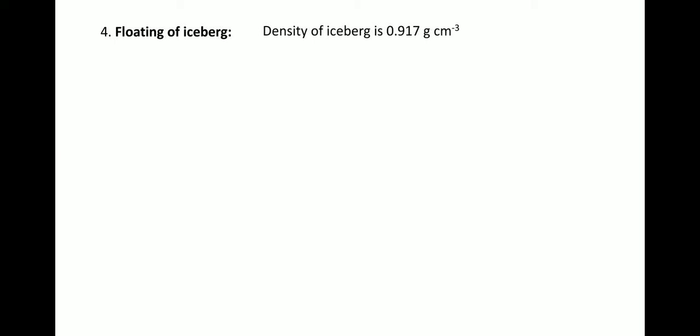In the previous example, I said that the density of ice is 0.9 gram per centimeter cube, but to be more exact, the density of ice is 0.917 gram per centimeter cube, and we all know that fresh water has a density of 1 gram per centimeter cube. So it will float in fresh water with 91.7% of its volume submerged inside, and the remaining 8.3% of its volume will be above the water.